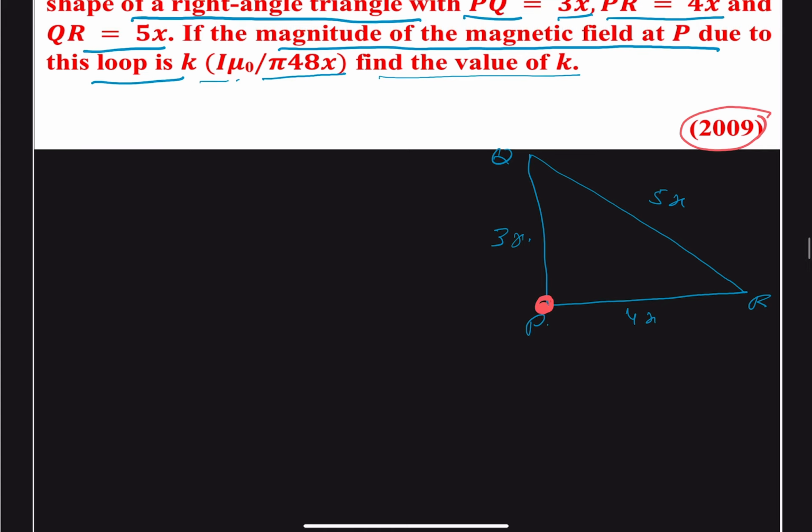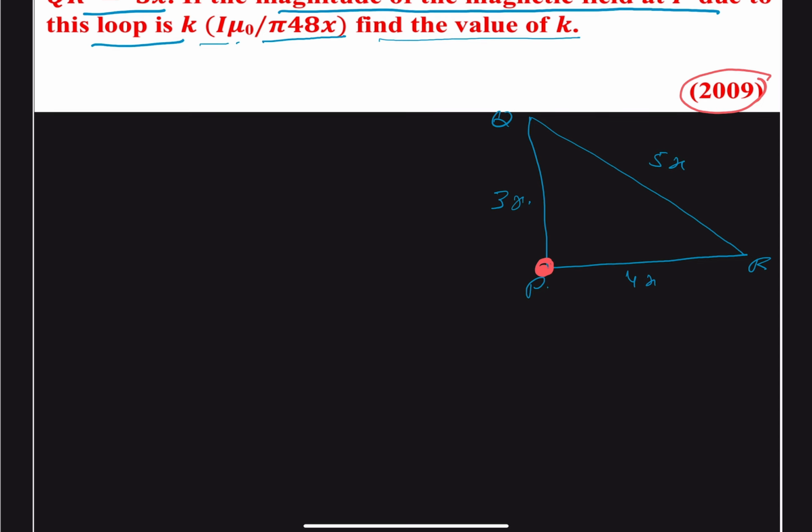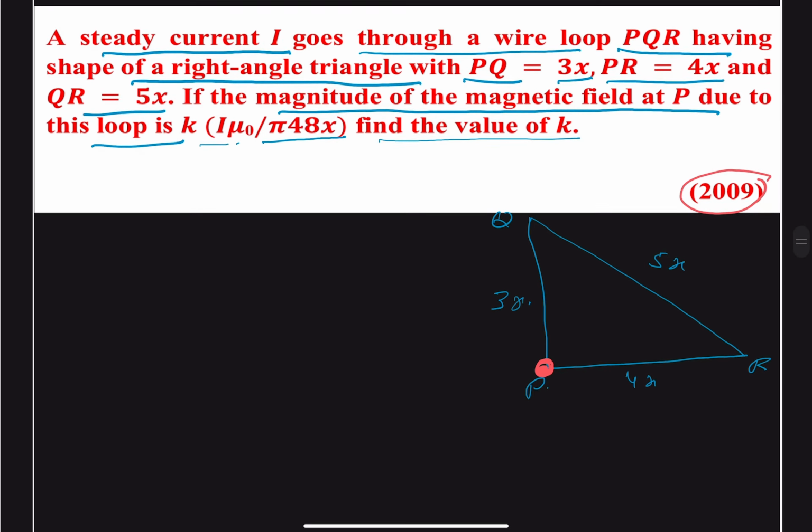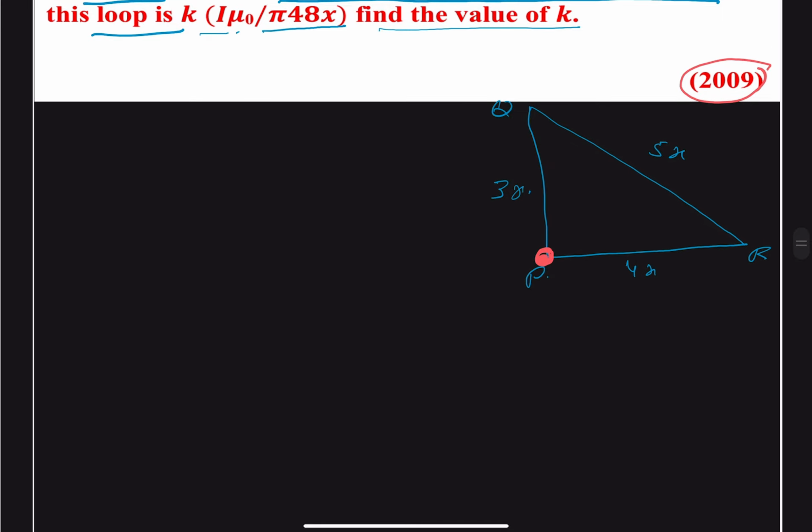And the current is flowing in the loop. We can consider this as 3 independent wires.